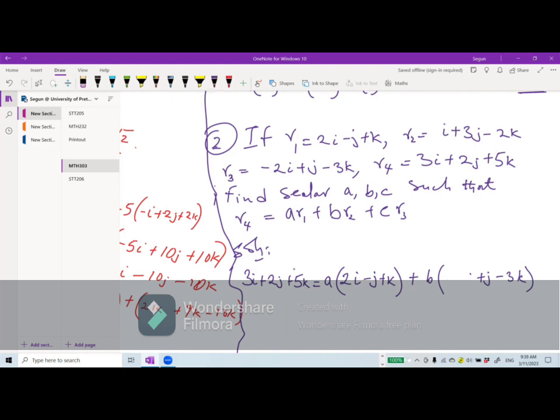No, sorry, that would be i plus 3j minus 2k. Then plus c in brackets negative 2i plus j minus 3k.